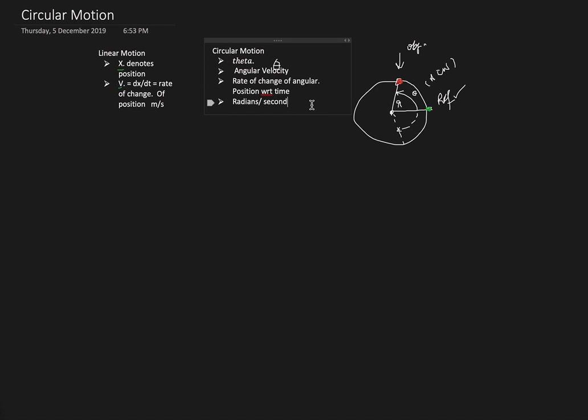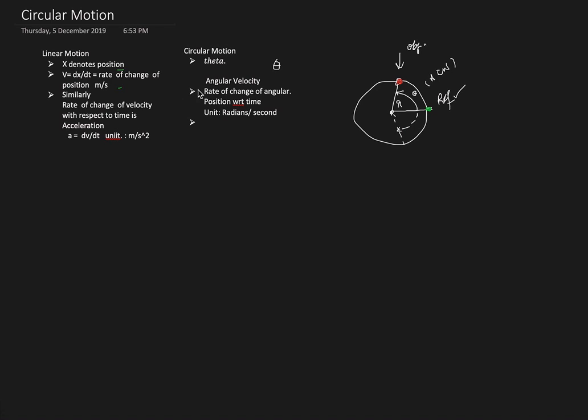Okay, and that is how we have defined the equivalent of position in circular motion and the equivalent of angular speed or angular velocity in circular motion.